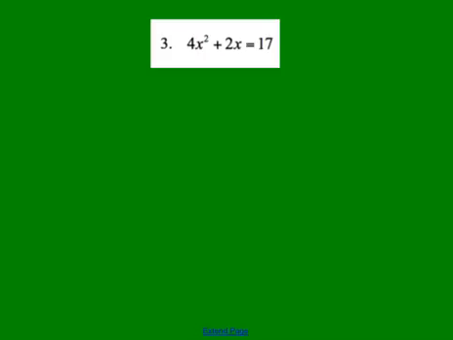Then this last one. Alright, 4x squared plus 2x. Does this equal 0? No, but I'm alright with that because I can minus 17, and I know it goes to 0. So I'm going to minus 17 on both sides, and this is going to equal 0. Now the beauty of it is I have A equal to 4, B equals to 2, and C equals to negative 17.